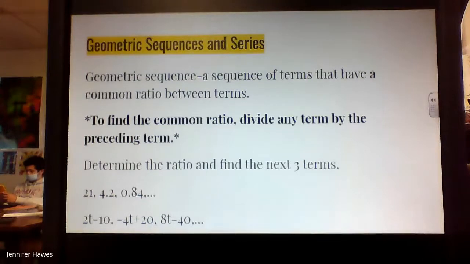And you got -10, a +20, and -40. So what are my next ones? -16t plus 80. What's my next one? 32t minus 160. Okay.